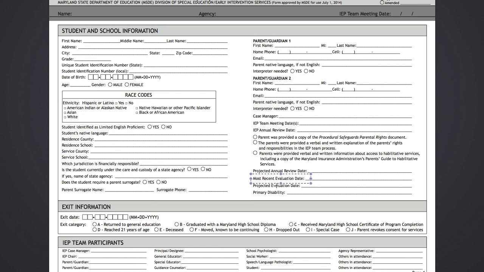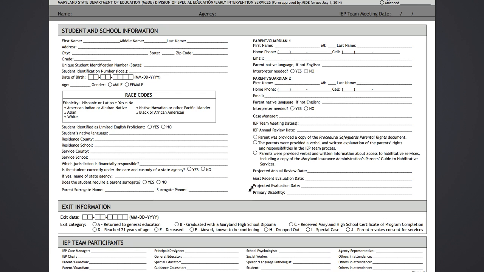And so when we are considering the projected evaluation date, we would select a date that is 3 calendar years away from the most recent evaluation. So May 30th, 2014, then we would indicate that the projected evaluation date is May 30th, 2017.